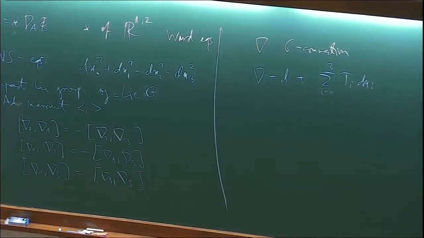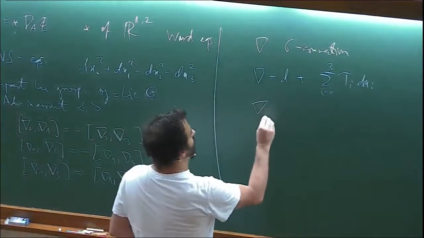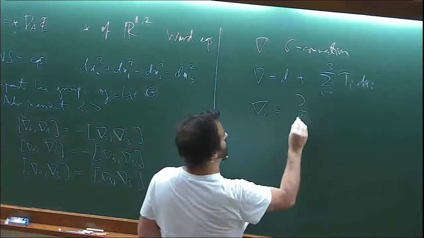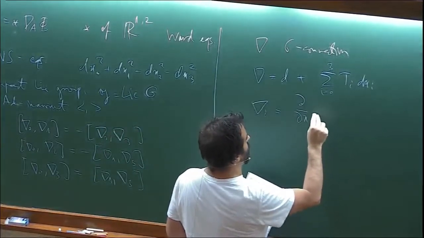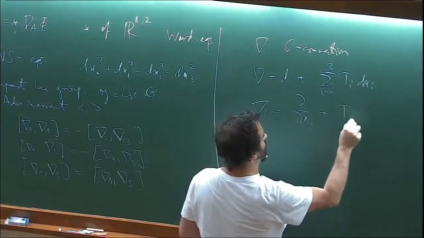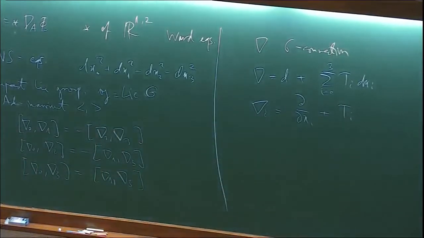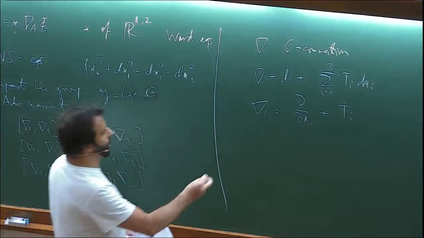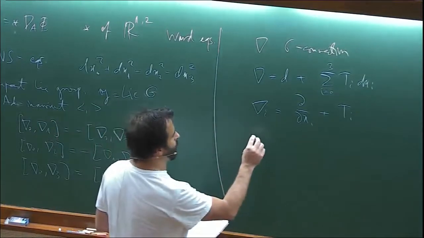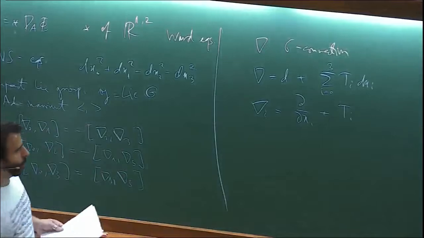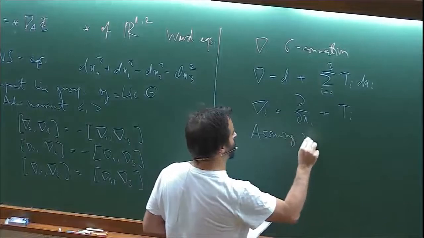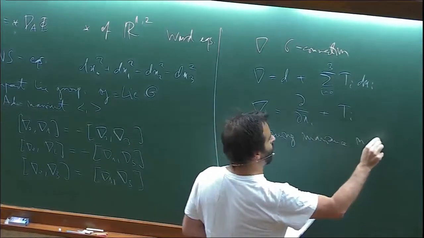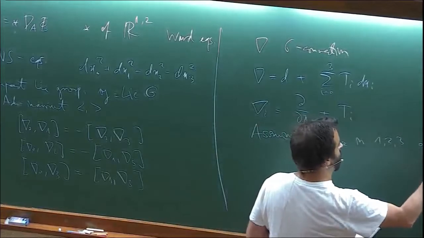Right. So these deltas, I evaluate with the basis of vector fields. Now I say that the fields are going to be independent, assuming invariance in the 1, 2, and 3 directions.